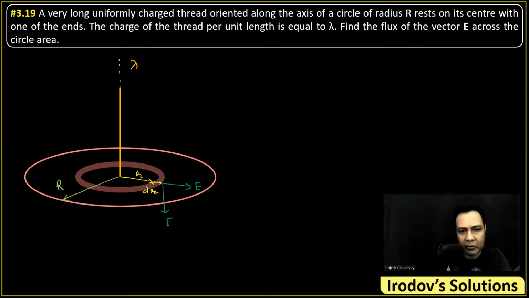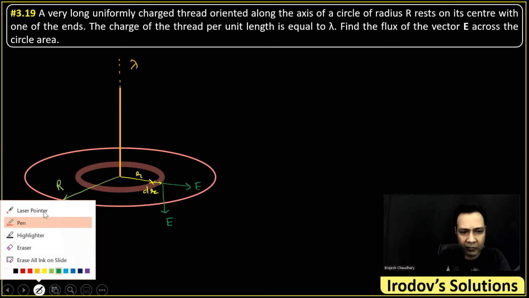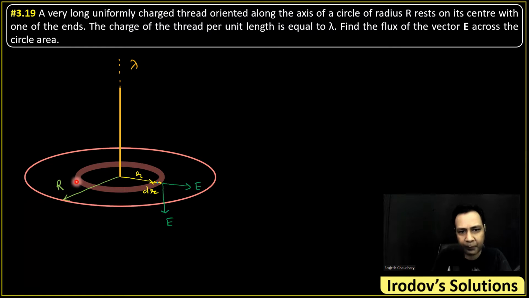Now I intend to find electric flux through this area. And we know that through some area, the flux phi is equal to E dot dS. Area is a vector whose direction is perpendicular to the plane of that element. This is a flat element, so at all points the normal is in the same direction.